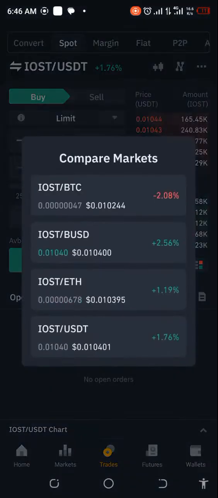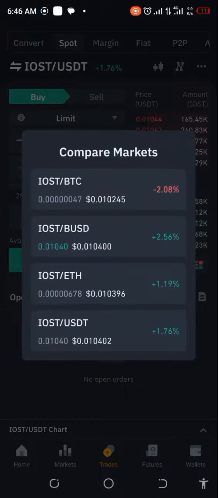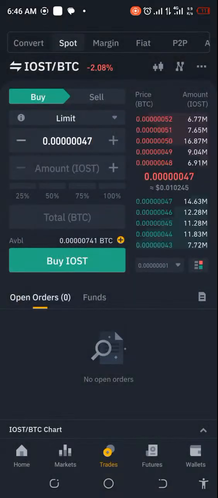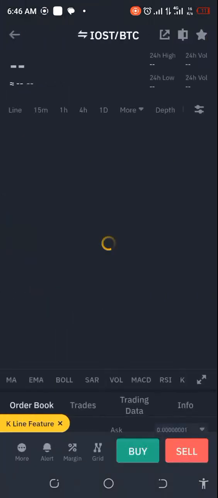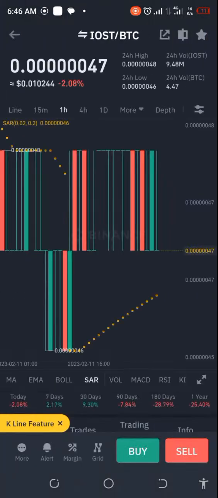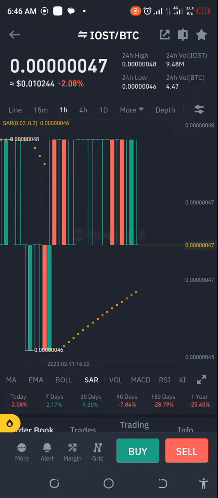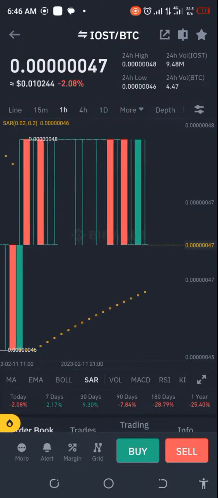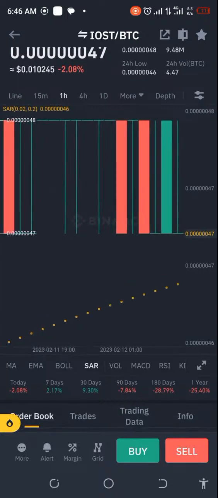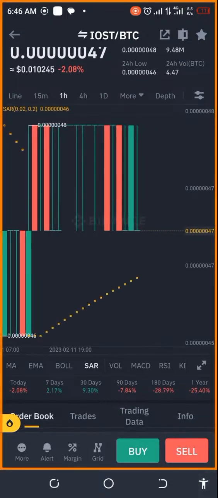Let's look at the IOST BTC chart and use that to check what we're talking about. I don't understand why this is looking like this, but you'll see that it was actually appreciating. The chart looks really funny. But look at the base.